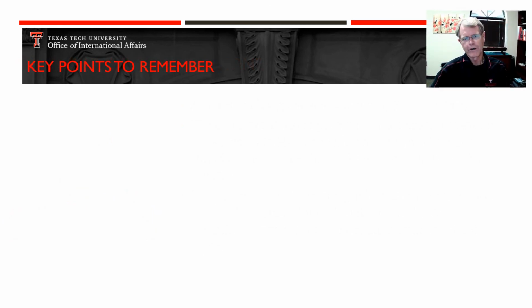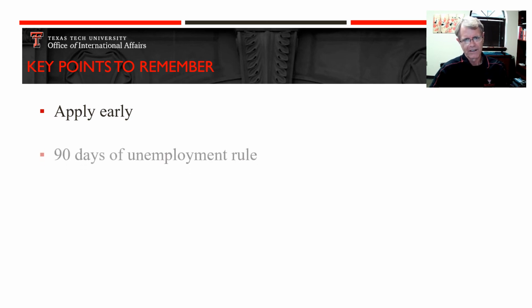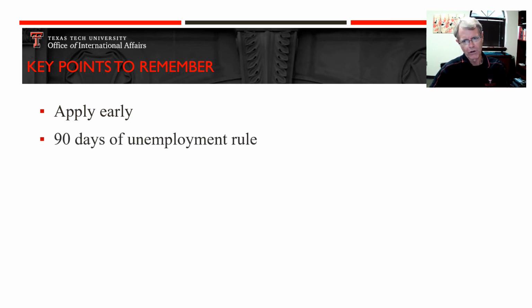In review, here are some key points to remember about OPT. First, it's very important that you apply early. Remember, this is a government agency you are sending your application off to, and they can take quite a long time to process your application, so apply early. You have 90 days of unemployment during your 12 months of OPT.